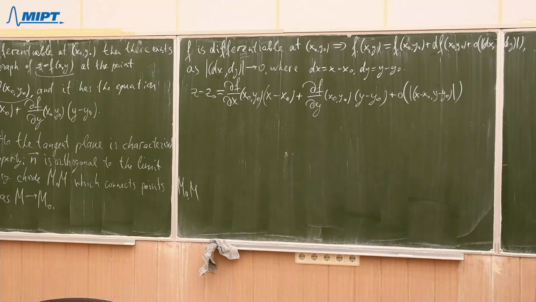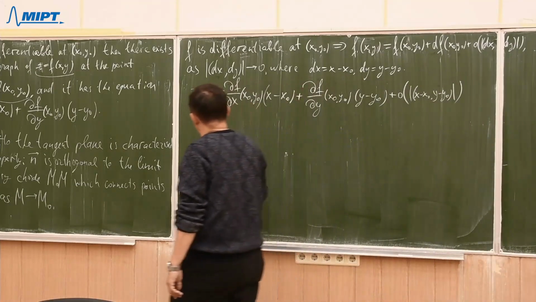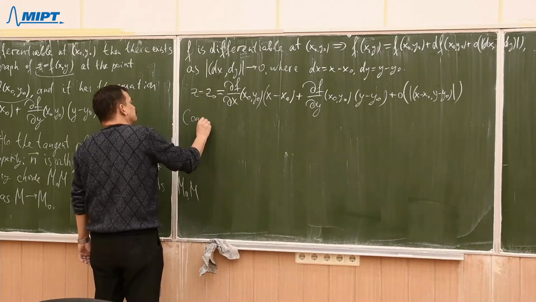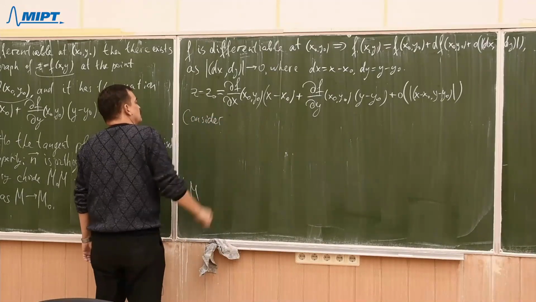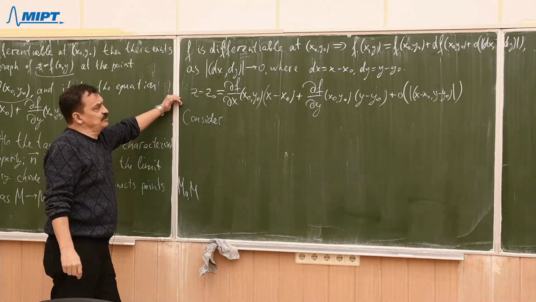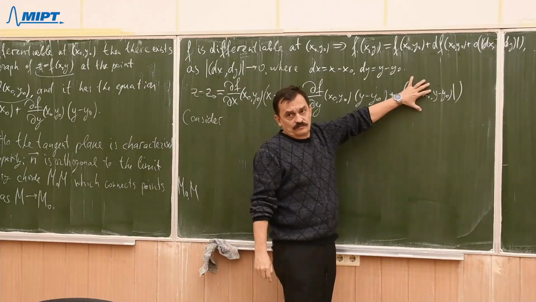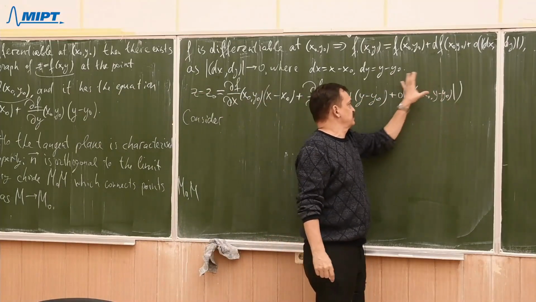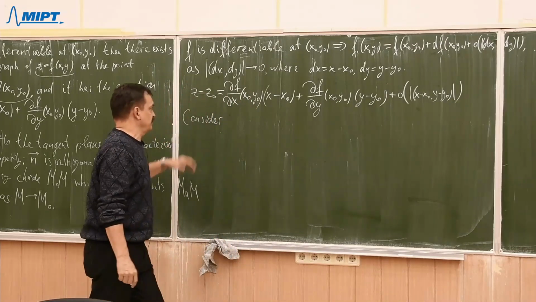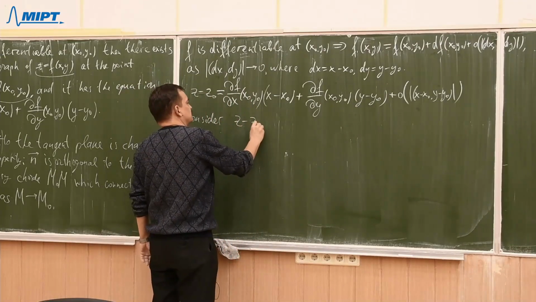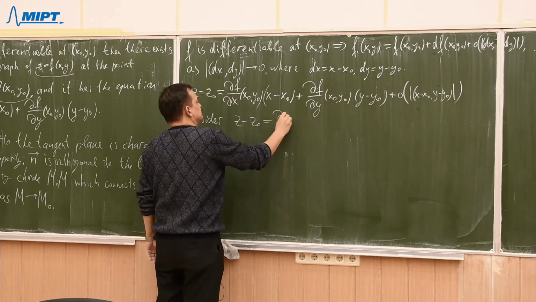Okay, now consider the part of this definition without little o. So forget about this little o and write down what remains. That is this equality.